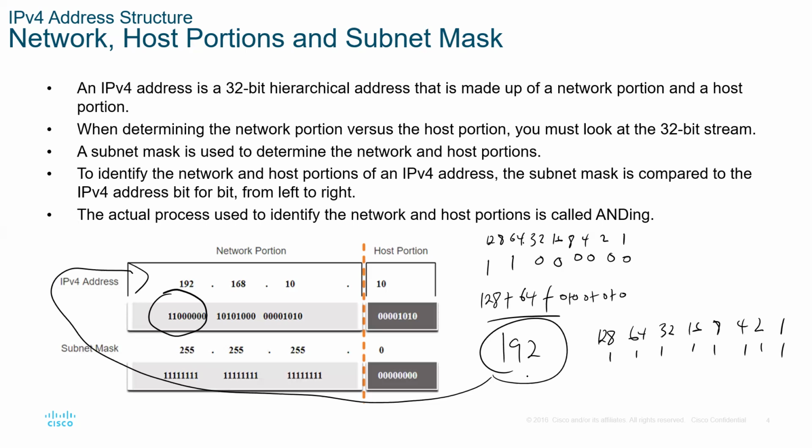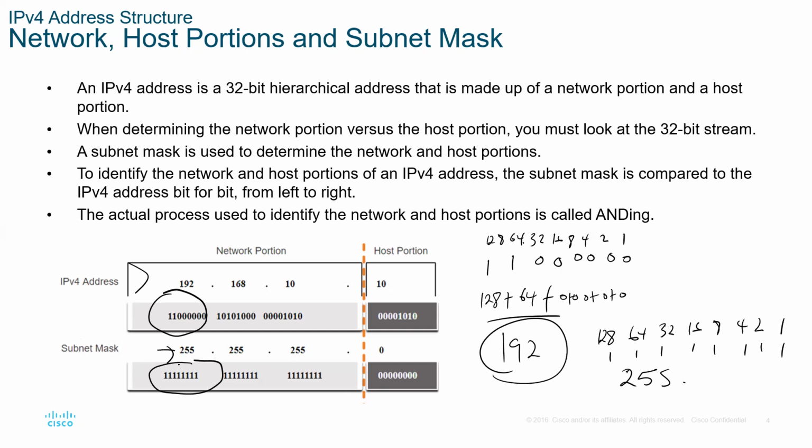If I have all bits as 1, and I add 128 plus 64 plus 32 plus 16 plus 8 plus 4 plus 2 plus 1, I get 255. That's why for this binary number 11111111, I have 255.